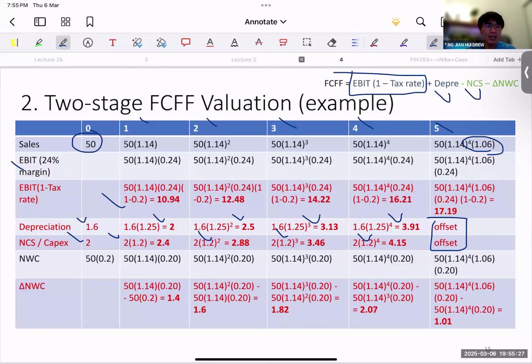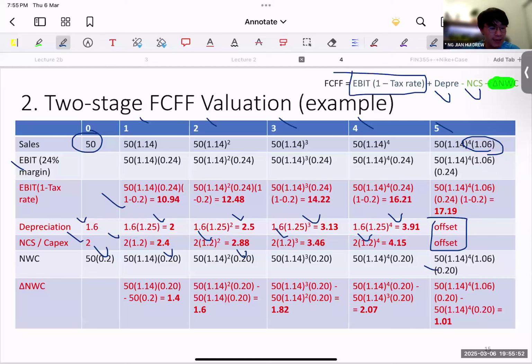Now let's determine our change. Let me just highlight this. It must be the change in net working capital. So our net working capital is going to be 20% of our sales, right? So 20% of sales, 20% of sales here, 20% of sales. That's 20% of the sales amount.